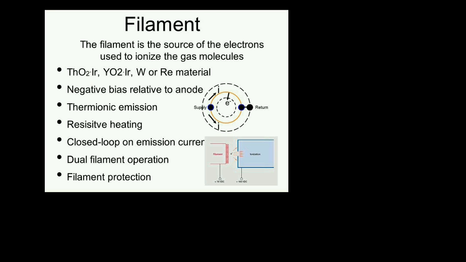I think this is the only slide I have on that, a few recommendations. The most general purpose filament that you can buy today is an yttria coated iridium filament. They are nice because they can tolerate inrushes of air.